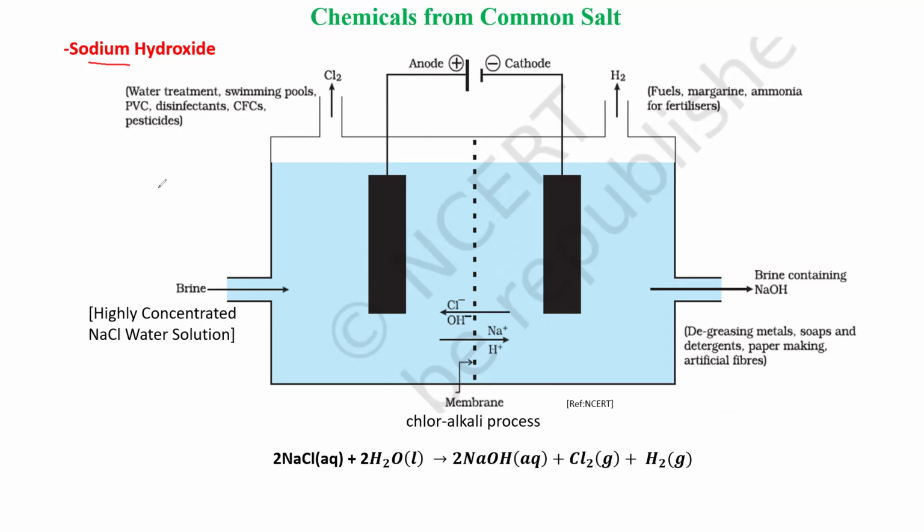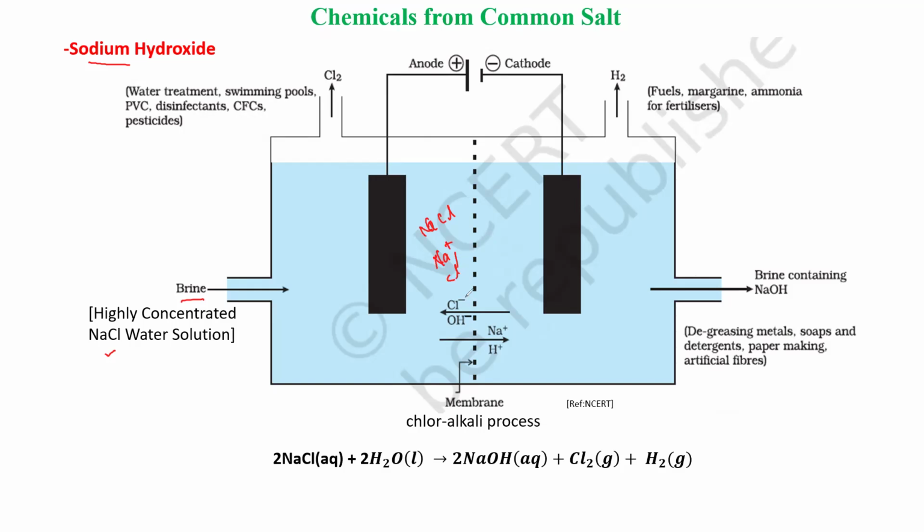Finally, in this setup, on the left side, what do we have? Brine. Brine is a highly concentrated sodium chloride water solution. Now what is happening? Due to this electrolysis process, NaCl separates into Na plus and Cl minus.